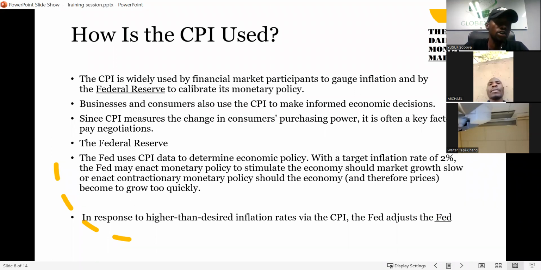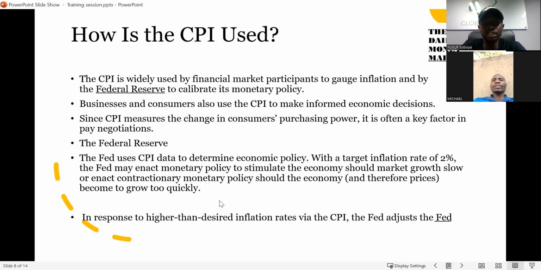So in order for the Fed to make a decision on the inflation rate, they need to understand the CPI. So they need these BLS people to release the report. Then the Fed takes the report, and now they start making the decision and see where exactly they can go.